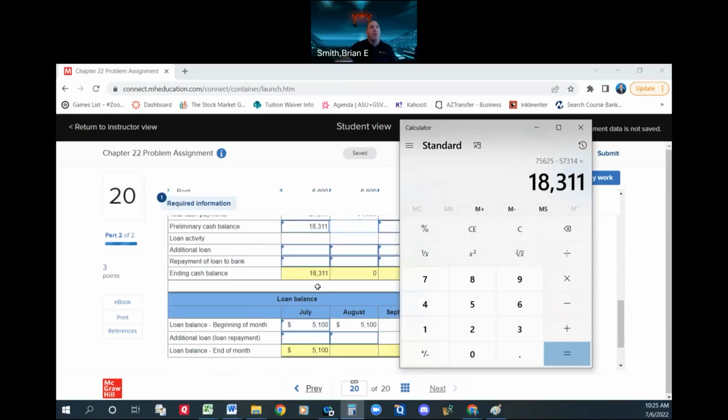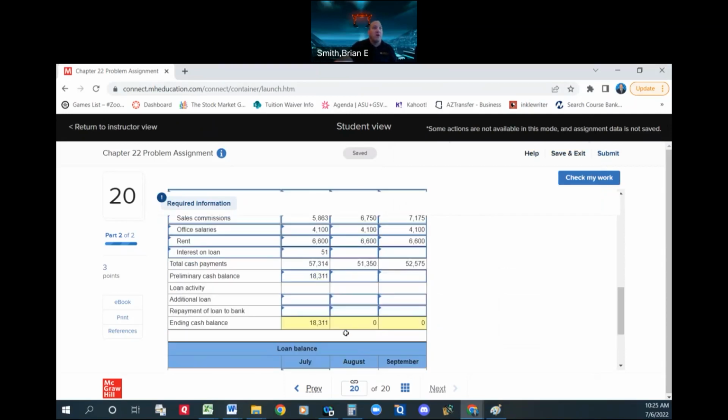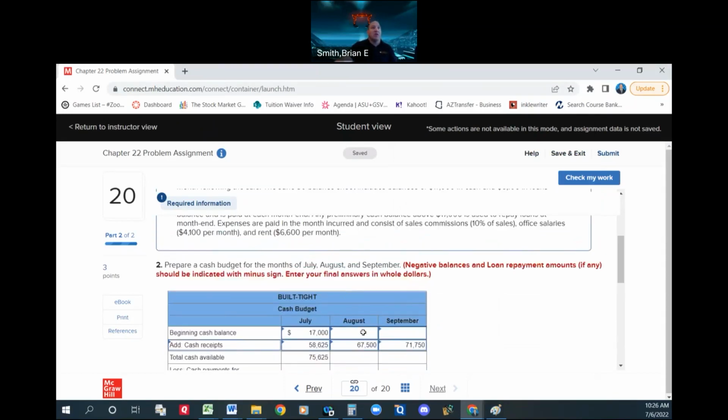So we're going to be able to repay our loan by 1,311. I'm taking this number, I'm subtracting out 17,000 to get that, 1,311. So our loan balance now is 3,789. And what that's going to do is give us $17,000 up here.